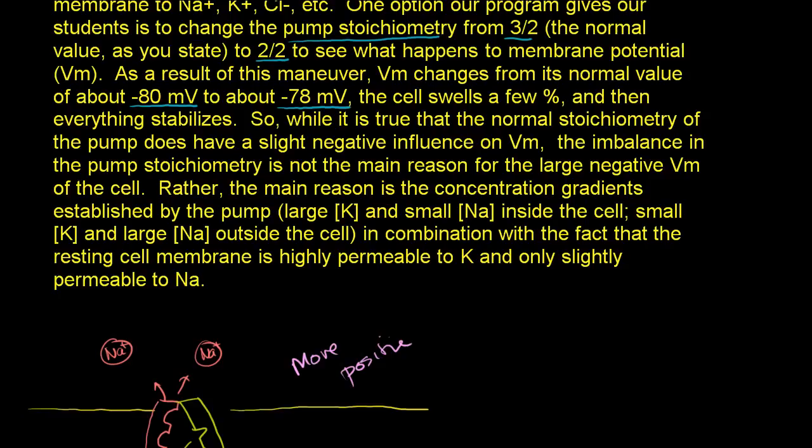So then he goes on to write, so while it is true that the normal stoichiometry of the pump does have a slight negative influence on the membrane potential, that's just the membrane potential, the voltage across the membrane, the imbalance in the pump stoichiometry is not the main reason for the large negative membrane potential of the cell.